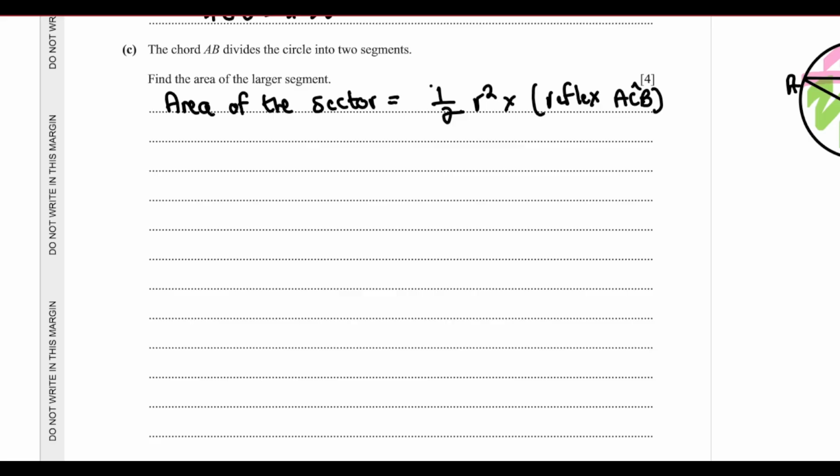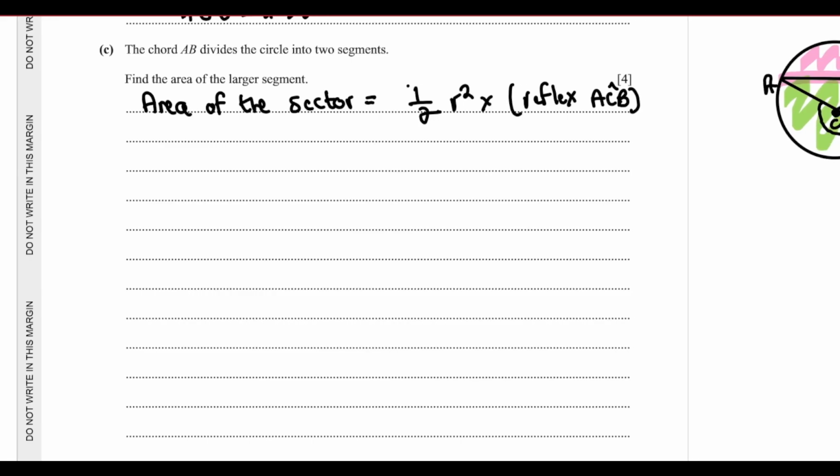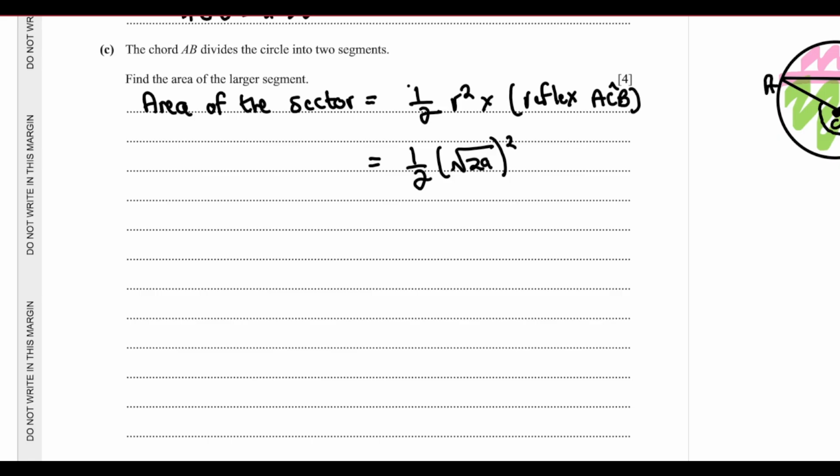It's an angle between 180 and 360 degrees, sorry. Okay, doesn't matter right now. I'm just trying to find a way to write it down. What is the radius? Remember, square root 29.